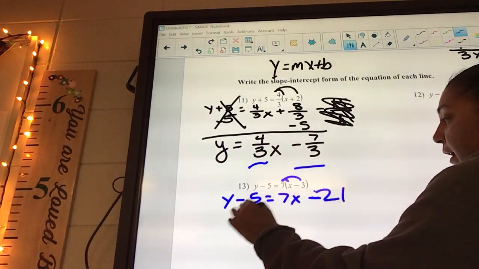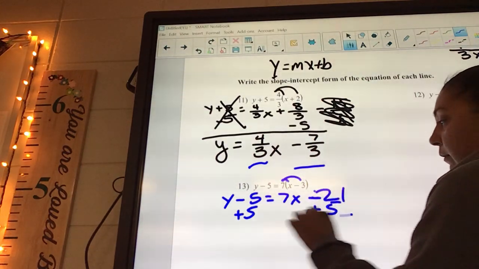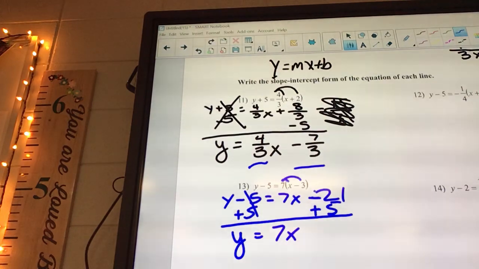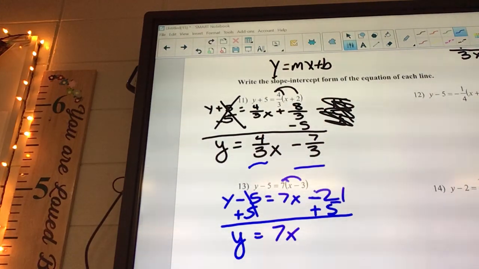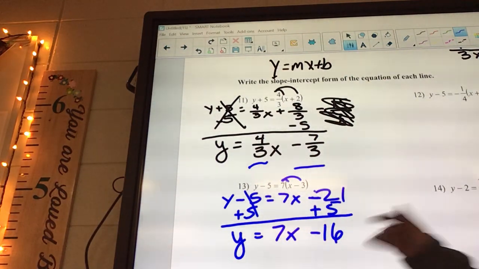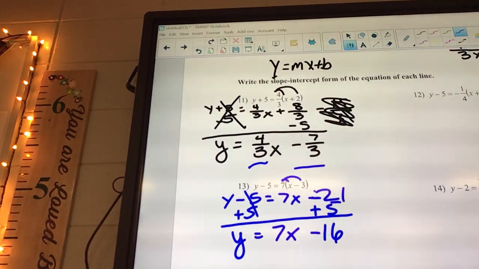We're going to add 5. What is negative 21 plus 5? Negative 16. Okay, so again, if we're looking at this, my slope is 7, my y-intercept is negative 16.